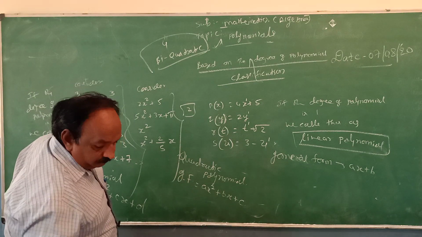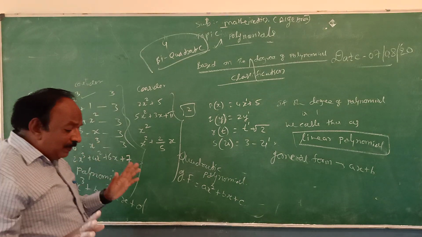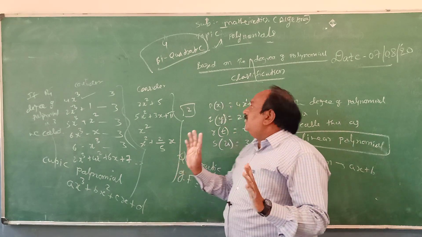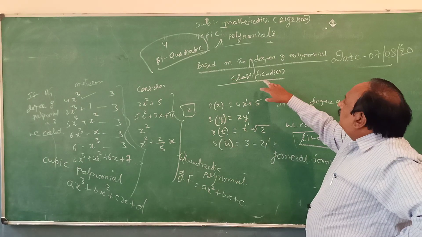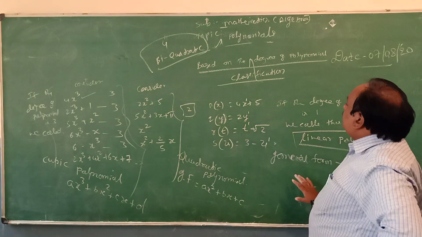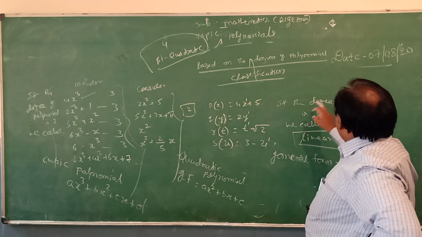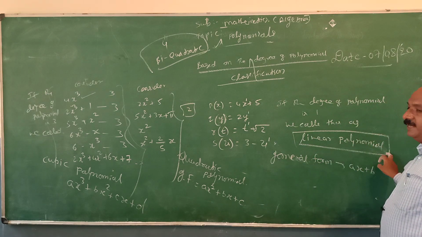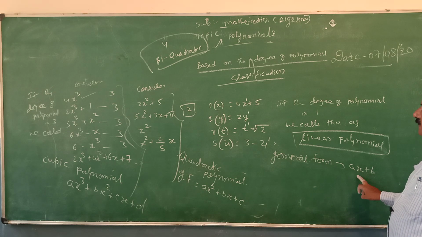Now, I want to explain once again. Based on the degree, polynomials can be classified into many types, but in 9th standard we learn these: if the degree is 1, we call it a linear polynomial, and its general form is ax plus b.